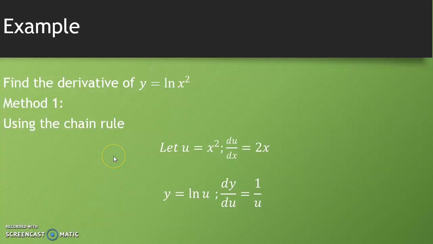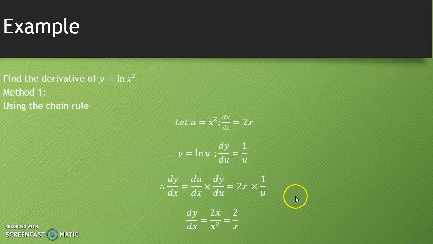So we let u equal x squared, meaning du dx equals 2x. We rewrite our initial equation as y equals log u, and we know the derivative of natural log u is just 1 over u. So we can use the chain rule, multiply these two values together, and we get 2x times 1 over u.